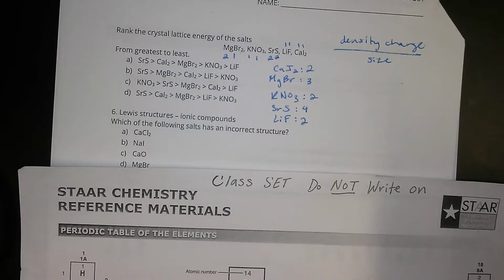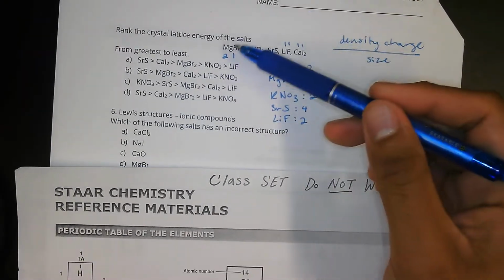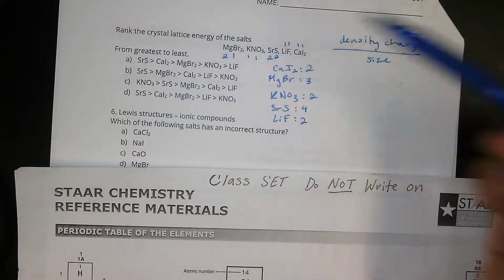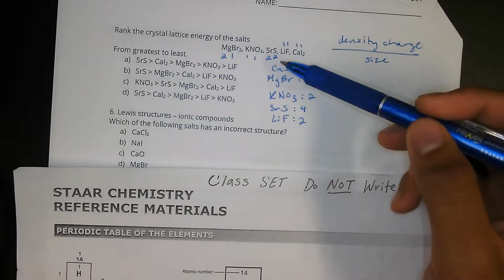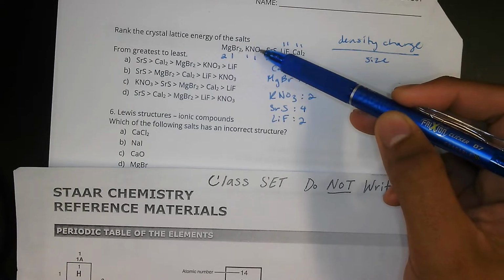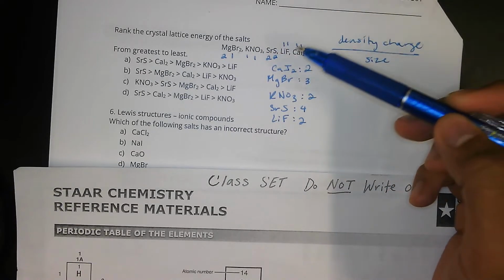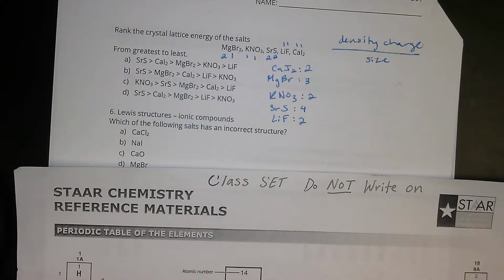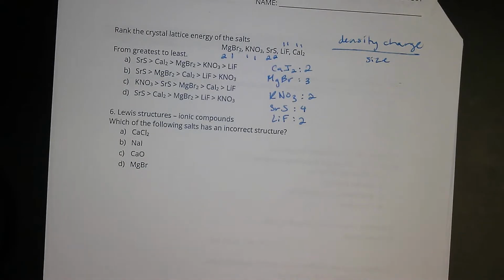And so if you look at this, I think I made a mistake somewhere. Let's see, magnesium is 2, bromine is 1, so that's right. Potassium is 1, and nitrate, NO3, has a charge of -1, so that is 2.